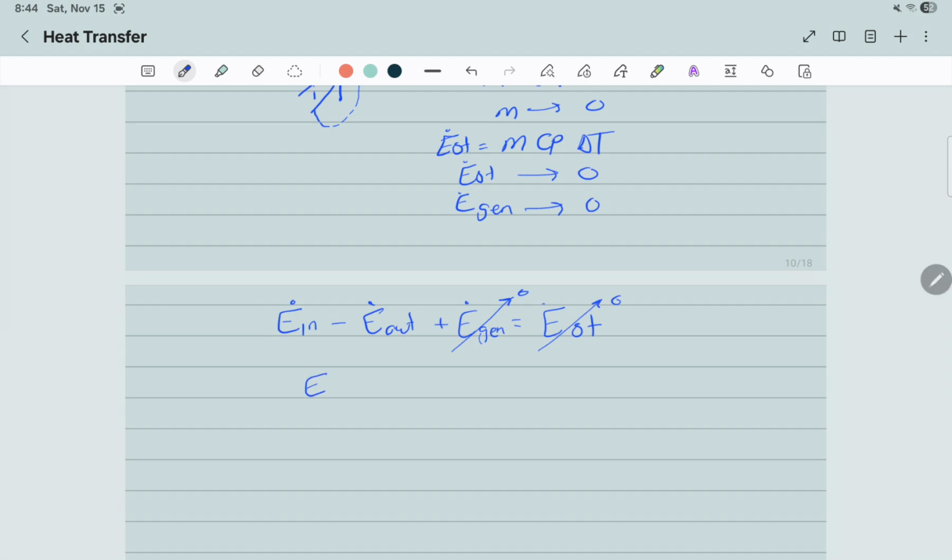Therefore, we are left with energy in equals energy leaving. And that is the energy balance of a control surface. So let's go ahead and look at an example.